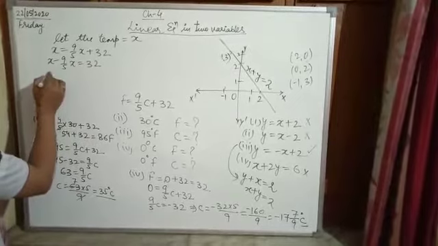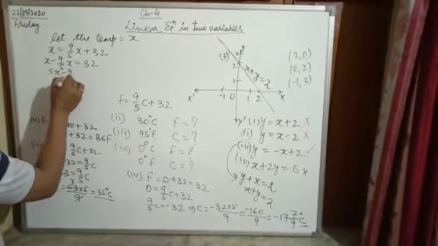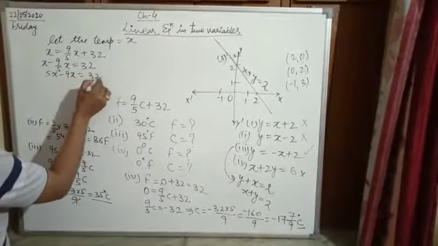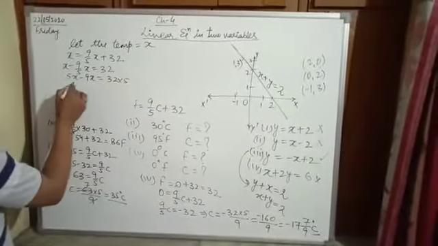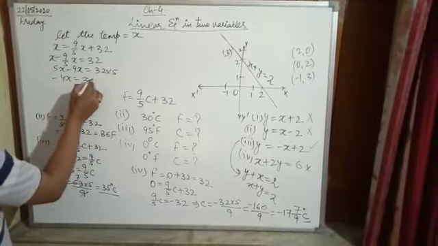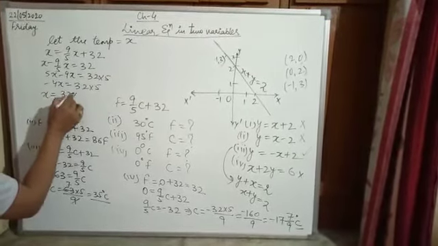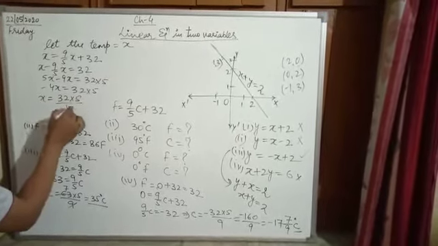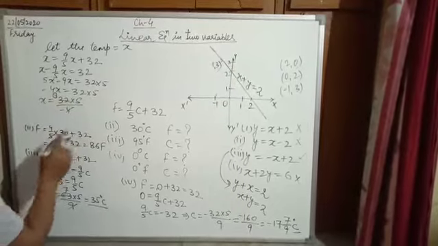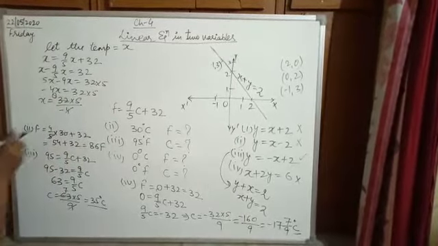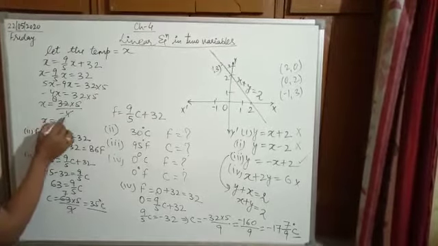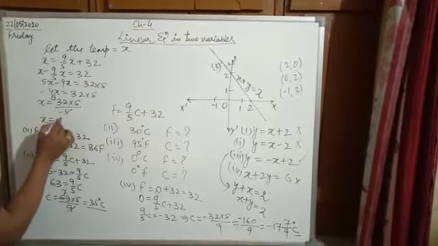What will we get? 5X minus 9X is equal to 32 into 5, minus 4X is equal to 32 into 5, or X is equal to 32 into 5 by minus 4. 4 into 8 is 32. It means we will get X is equal to minus 40.